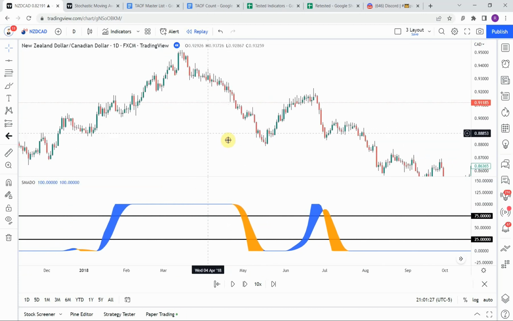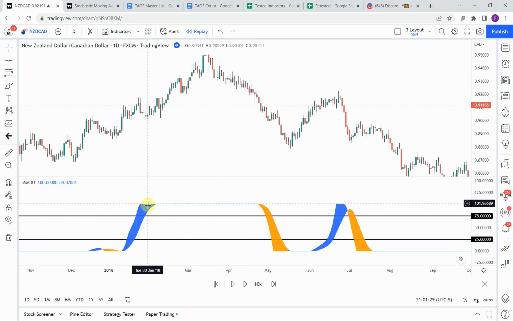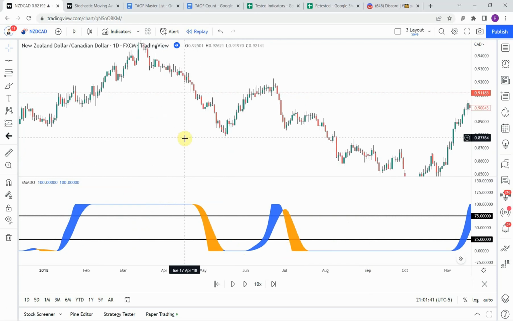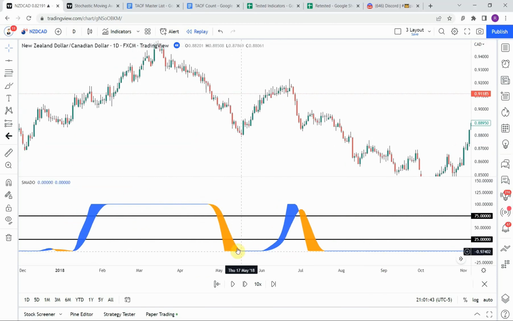The idea initially was to look for these to max out at the top and the bottom. But you can see that when the blue ribbon maxes out at the top, it goes into a blue line. When the orange ribbon maxes out, it goes into a blue line as well.